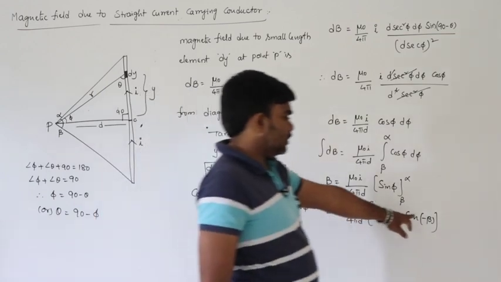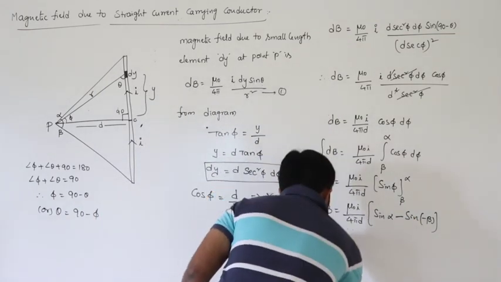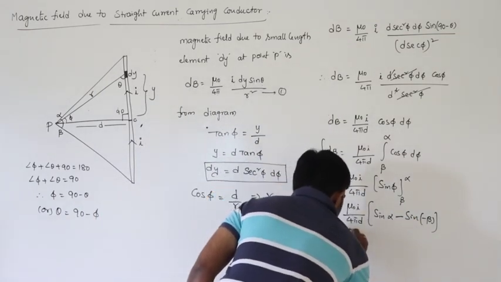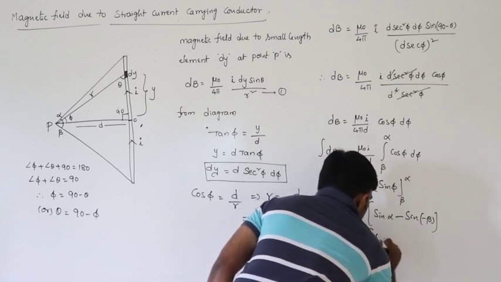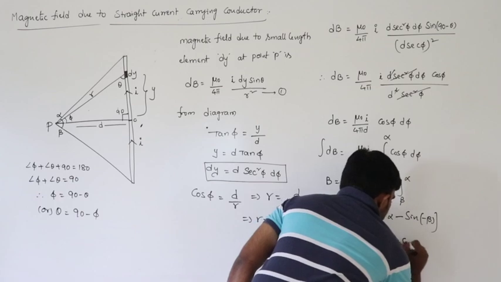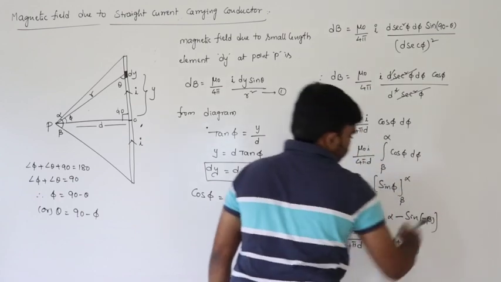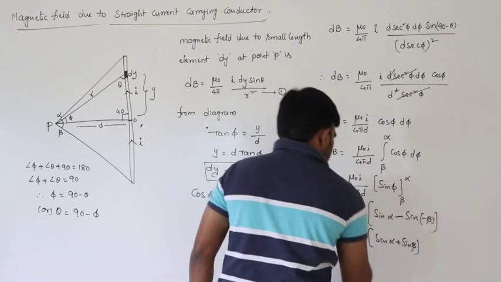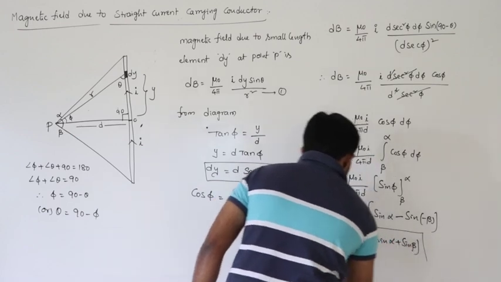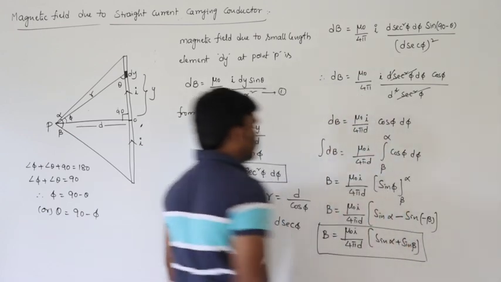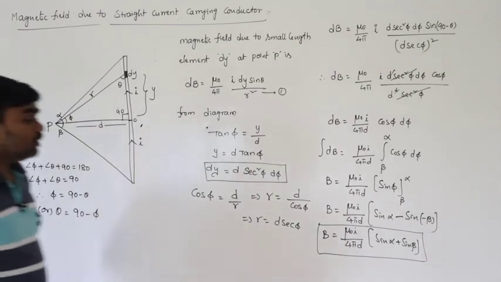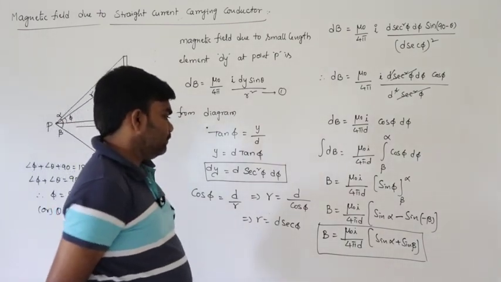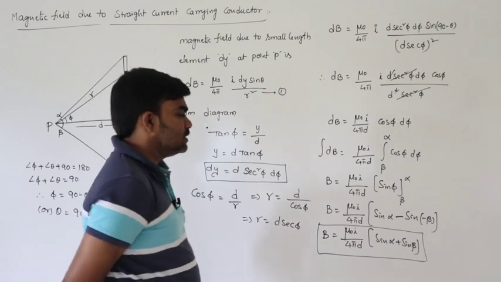So B is equal to μ0 I by 4π d into sin α plus sin β, since sin of minus θ is minus sin θ, and minus of minus is plus.